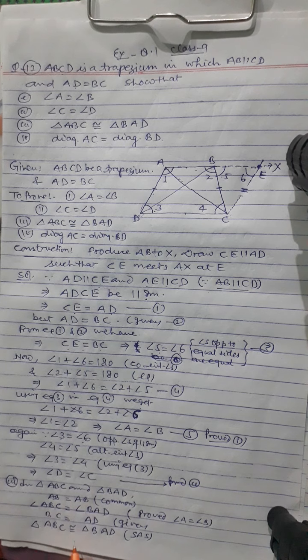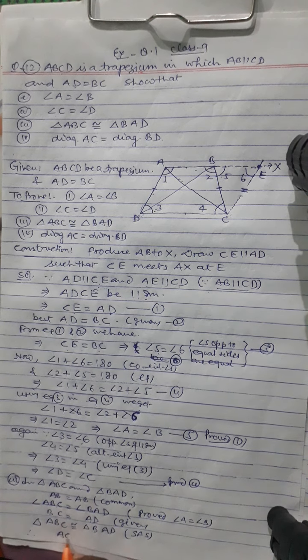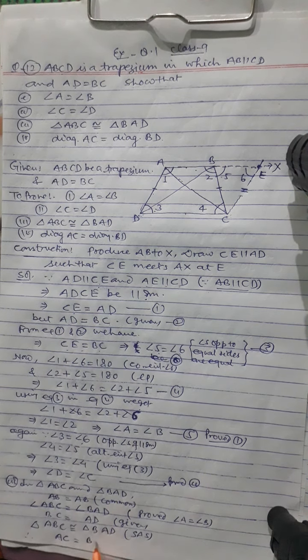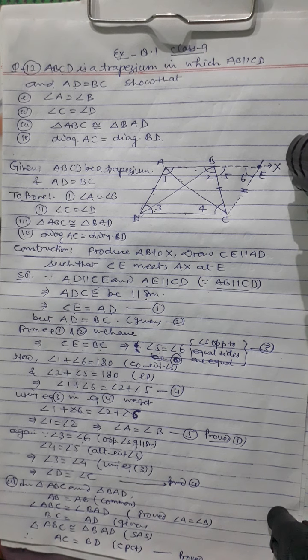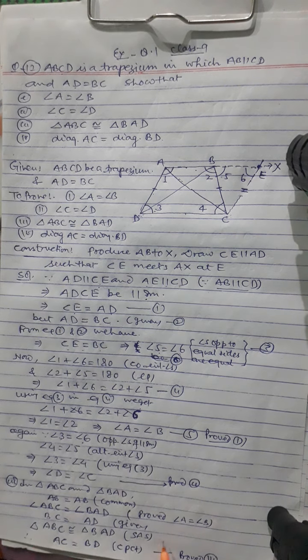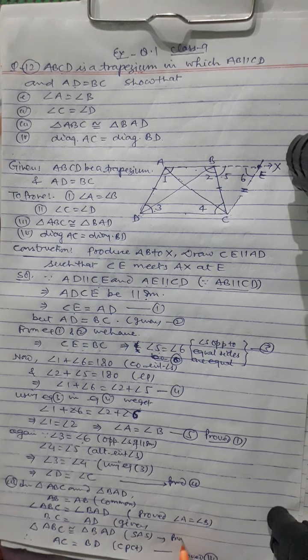Okay, so therefore AC is equal to BD by CPCT, and this is proved for the fourth, and this also proves the third.